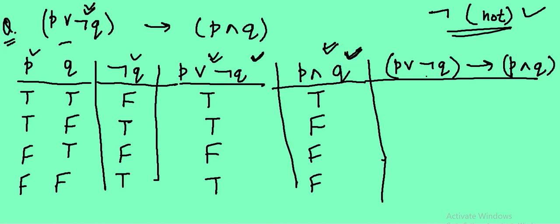So P or not Q, and then it is if P then Q. If this is true and this is true, then it will be true. If this is true and this is false, then it will be false. If this is false, then it will be true. If this is true and this is false, then it will be false.